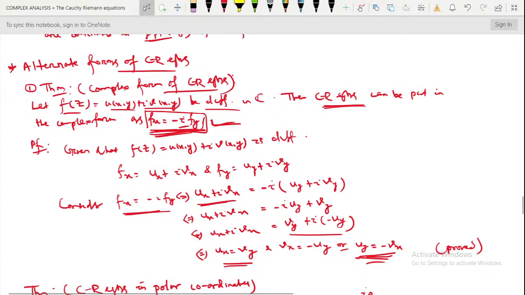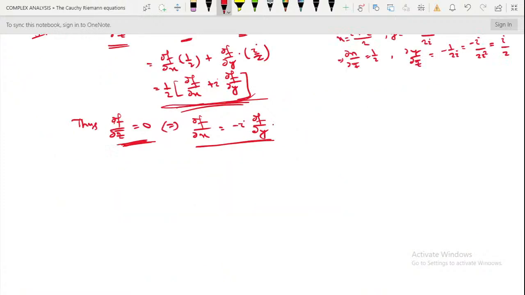This is the complex form of CR equations.